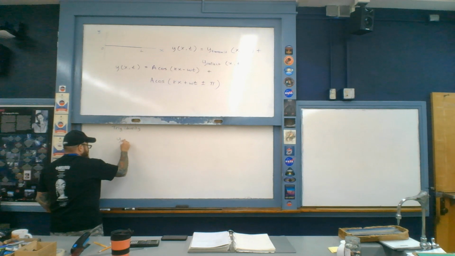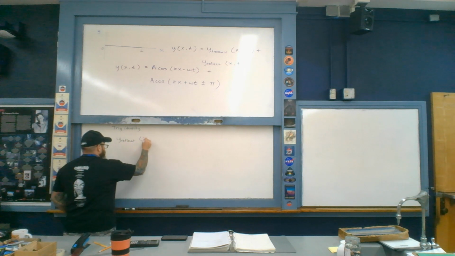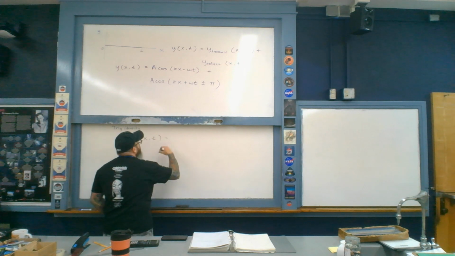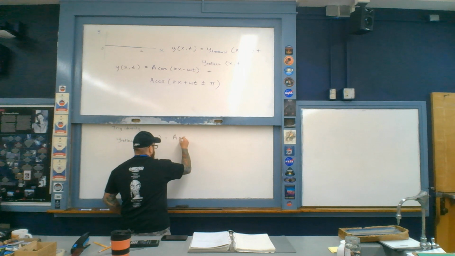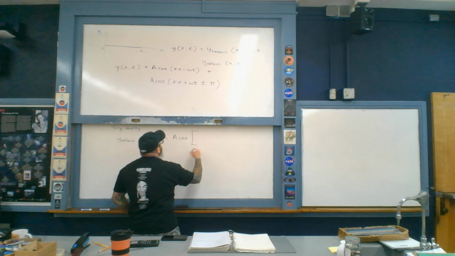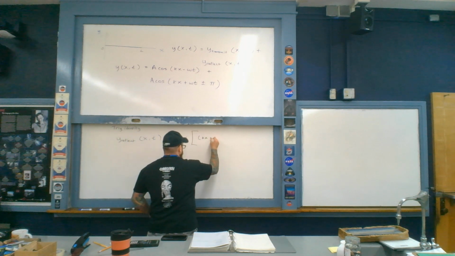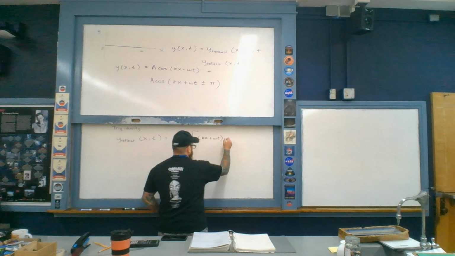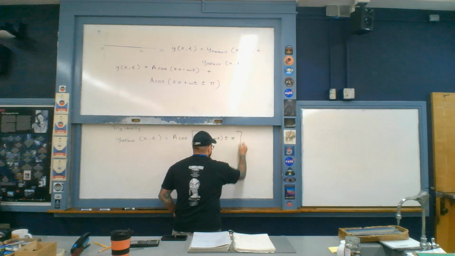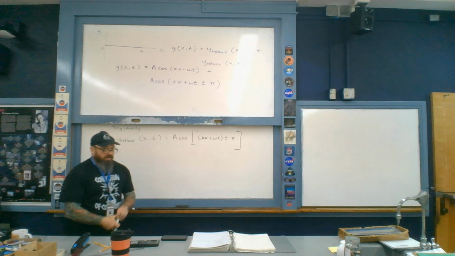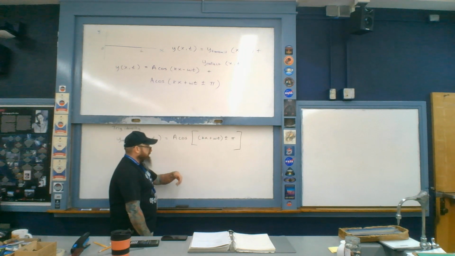Okay, so the reflections then, let me just rewrite the expression here. However, I'm now going to write it in the following way. Like so. And now think of this as the following.